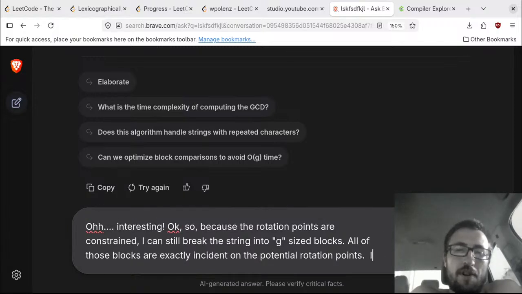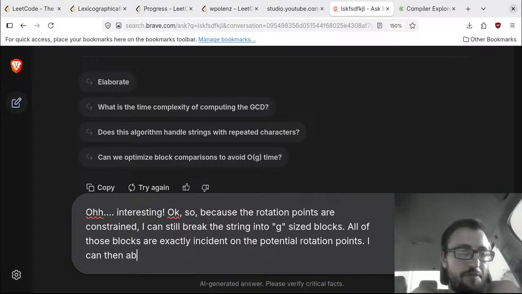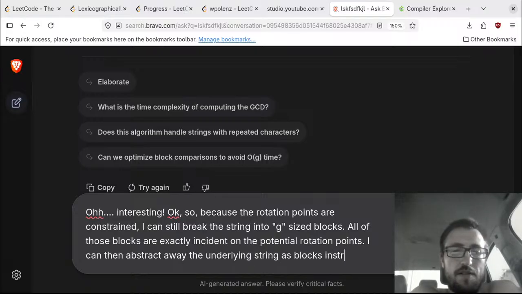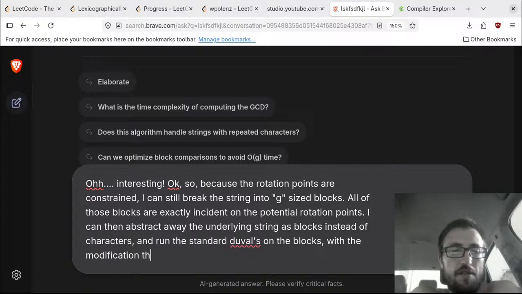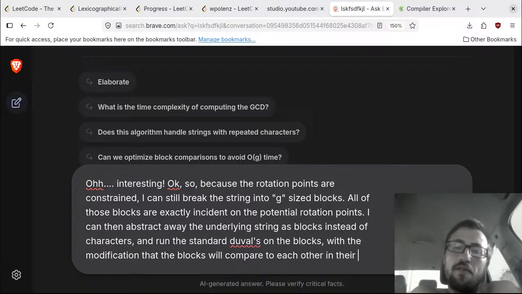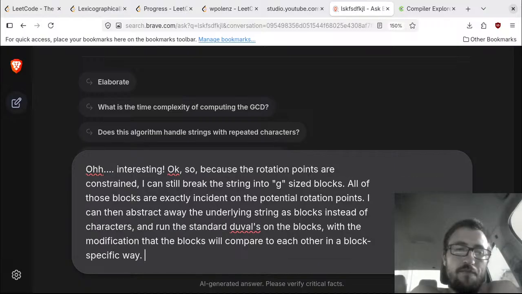You can then abstract away the underlying string as blocks instead of characters and run the standard Duval's on blocks with the modification. Blocks will compare to each other in their block-specific way. Is that fair?